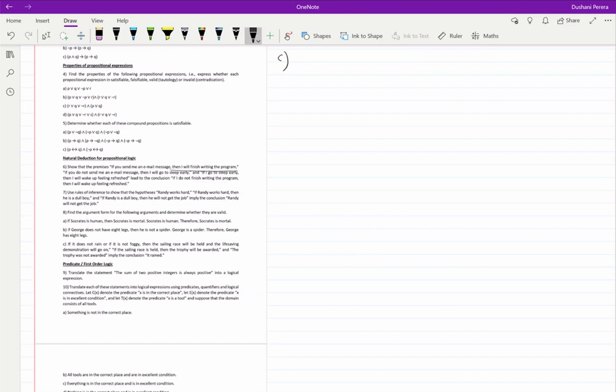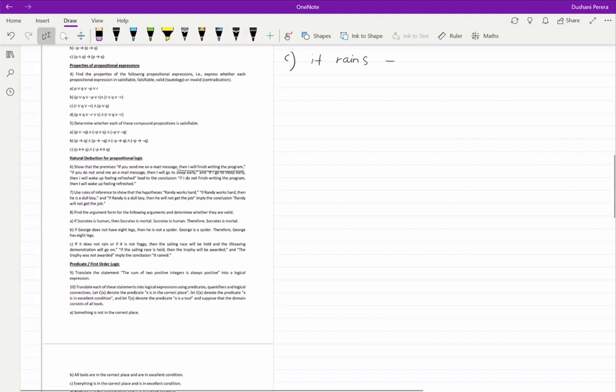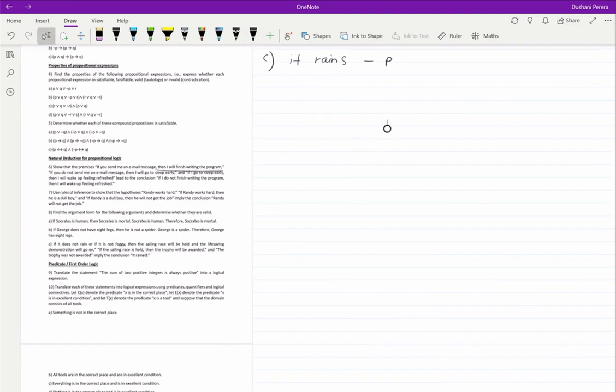Now let's look at part C of question number 8. If it does not rain or if it is not foggy, then the sailing race will be held and the life-saving demonstration will go on. Okay, let's take down our premises. If it does not rain, okay, let's say it rains. That's P. Next we have it's foggy.